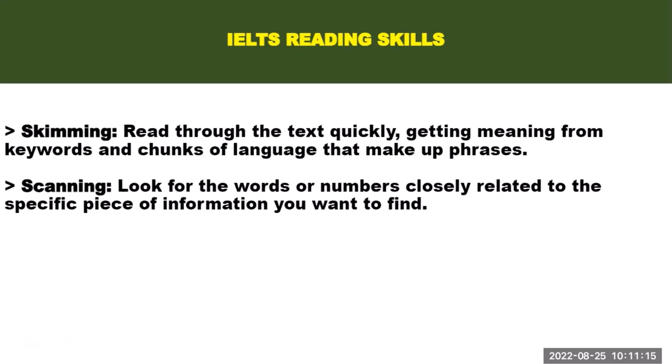You need this type of reading technique when you want to have a general overview of what a passage is about, when the aim is to know the main ideas. So you read through it quickly, you skim.